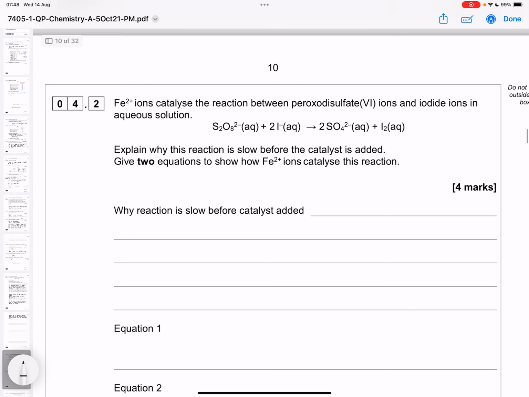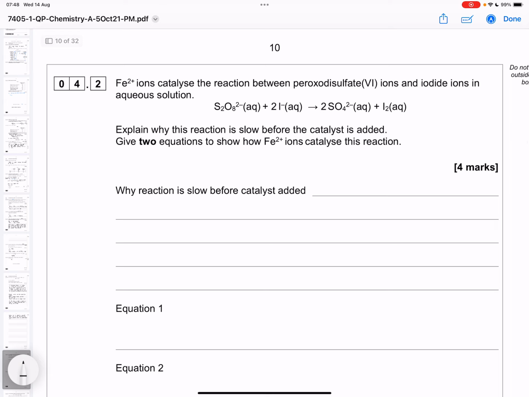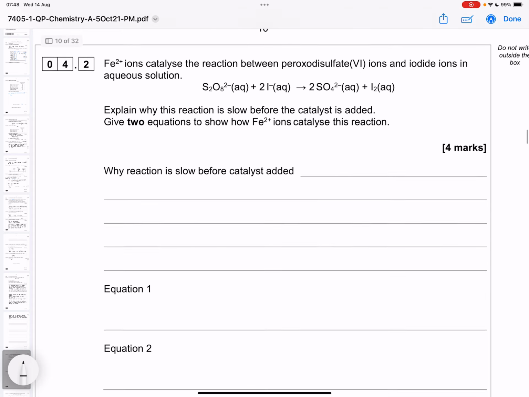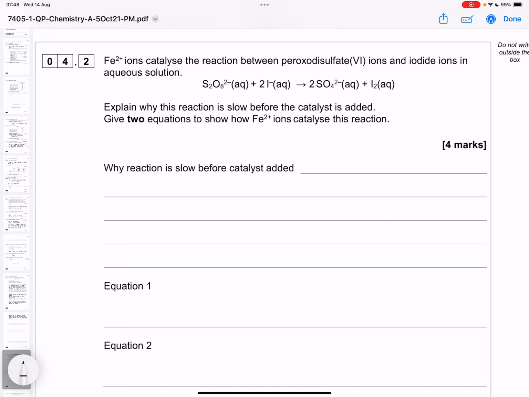Okay, the next part of the question says Fe2+ ions catalyse the reaction between peroxodisulfate ions and iodide ions. Explain why this reaction is slow before the catalyst is added, and give 2 equations to show how Fe2+ catalyses this reaction.